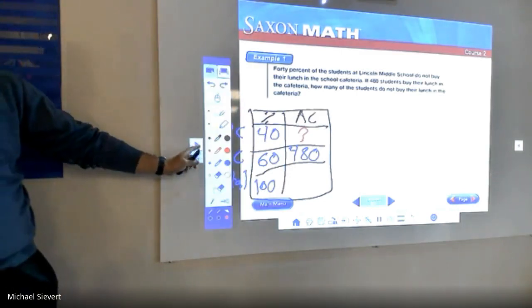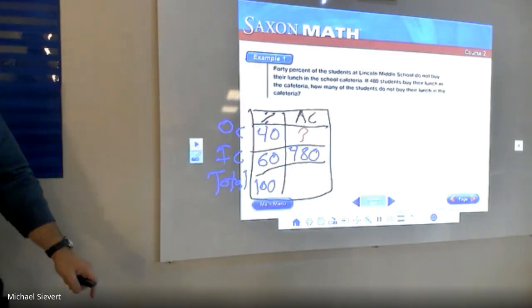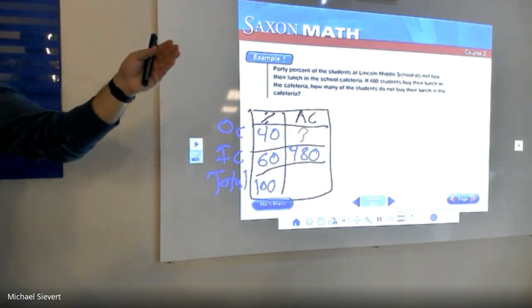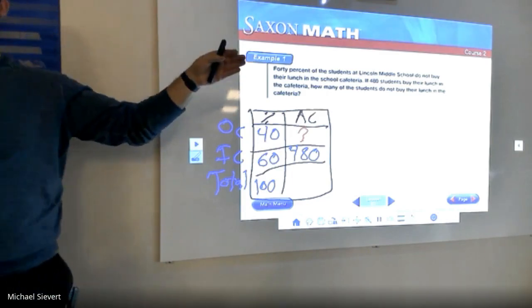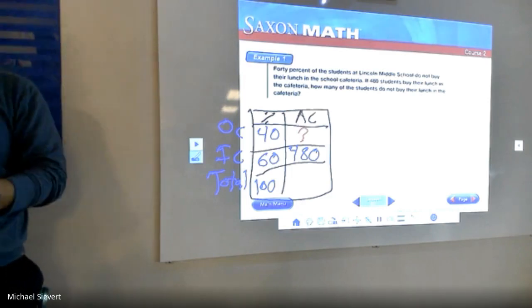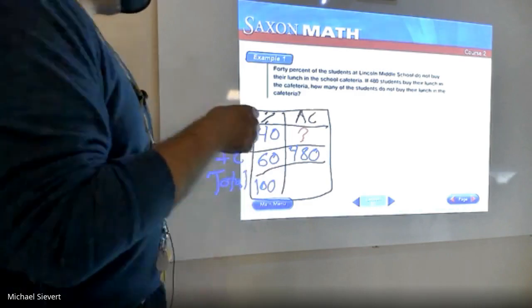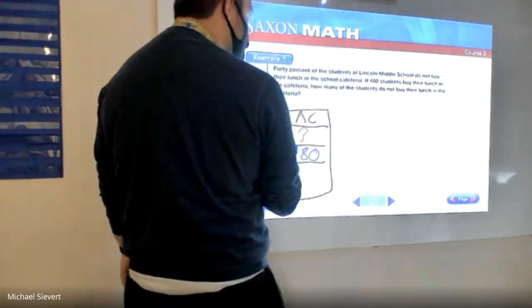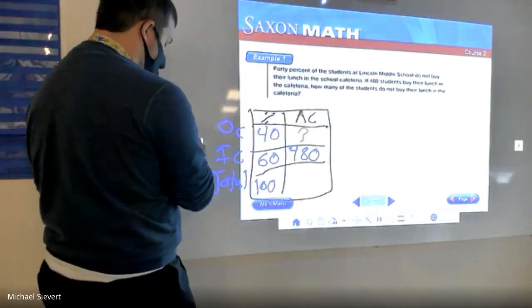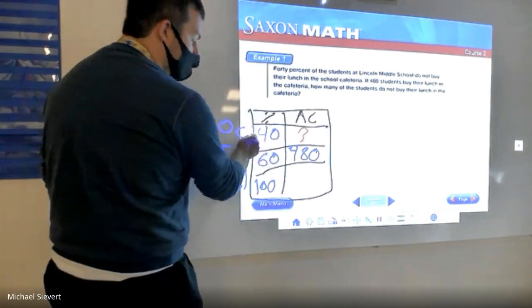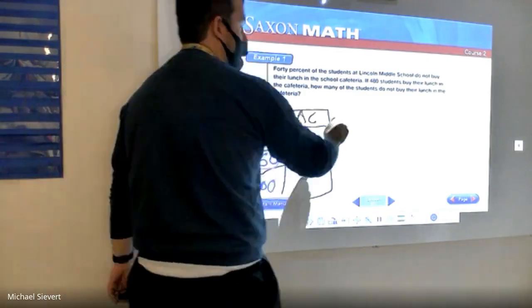Now, we have to set up a proportion, which means something equals something. The way you set it up is you take these 2 numbers and stack them.